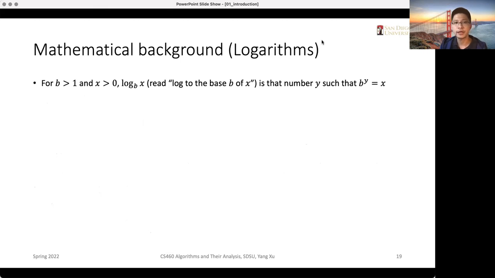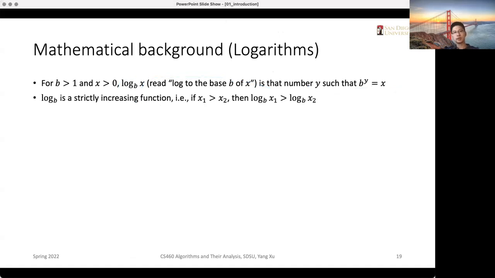If we write b in the subscript, log base b of x means that we compute the log with base b of x, and that's y. The value of this function y satisfies this equation: b to the power y equals x.